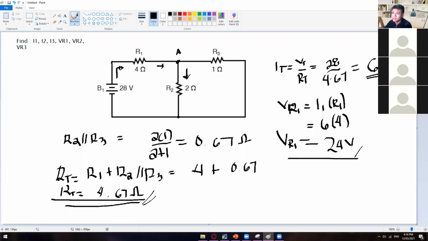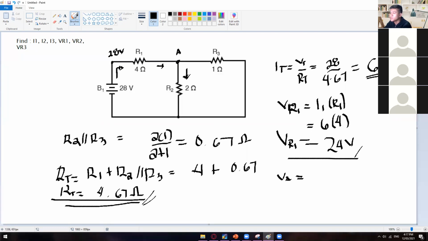Of course at this point, you still have 28 volts, but once it passes over this R1, then of course it will be lesser. So for us to get the potential voltage in A, let's say this one is the voltage at point A.